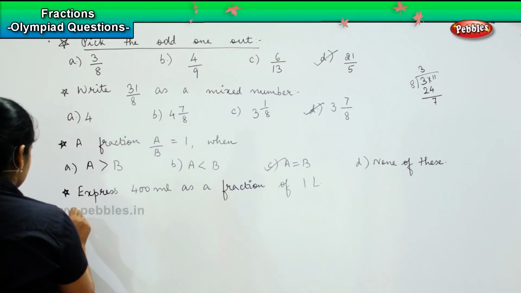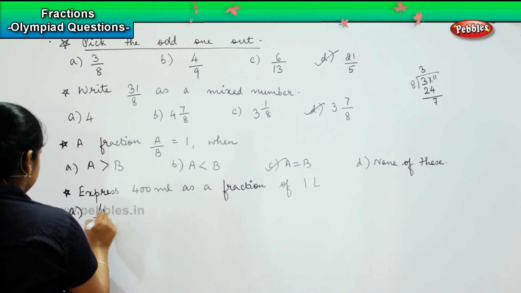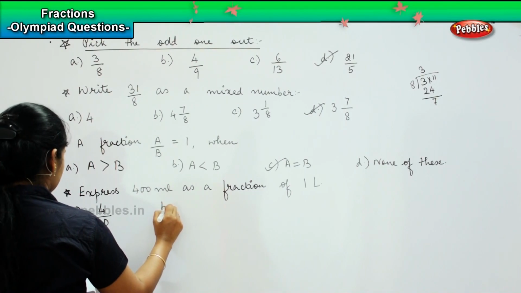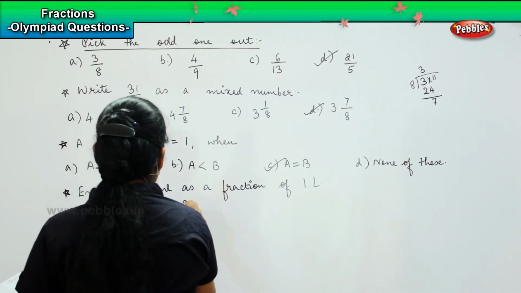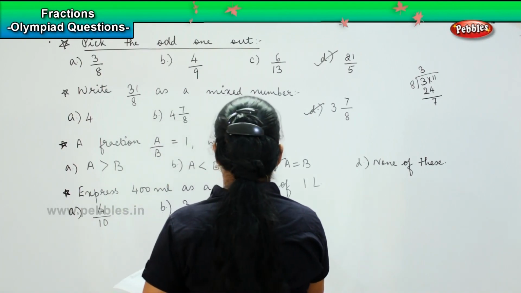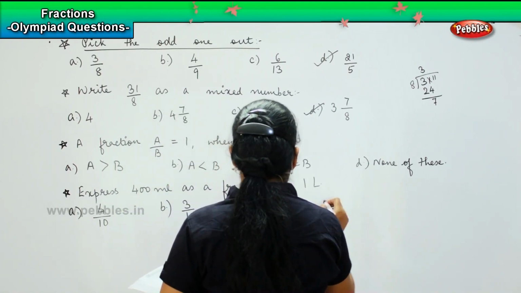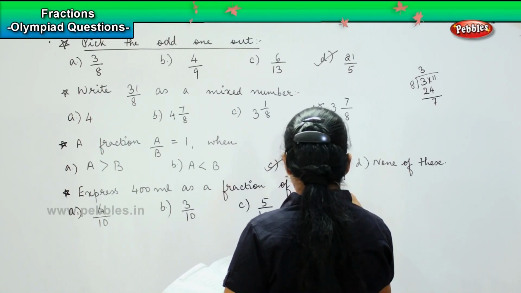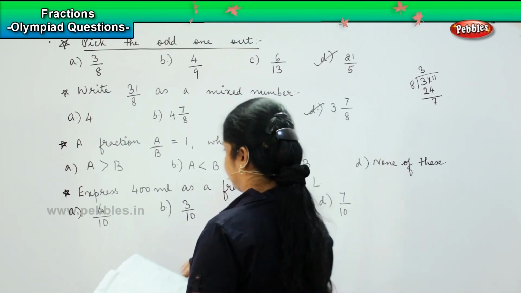And the options are option A, 4 by 10, option B, 3 by 10, option C, 5 by 10, and option D, 7 by 10.